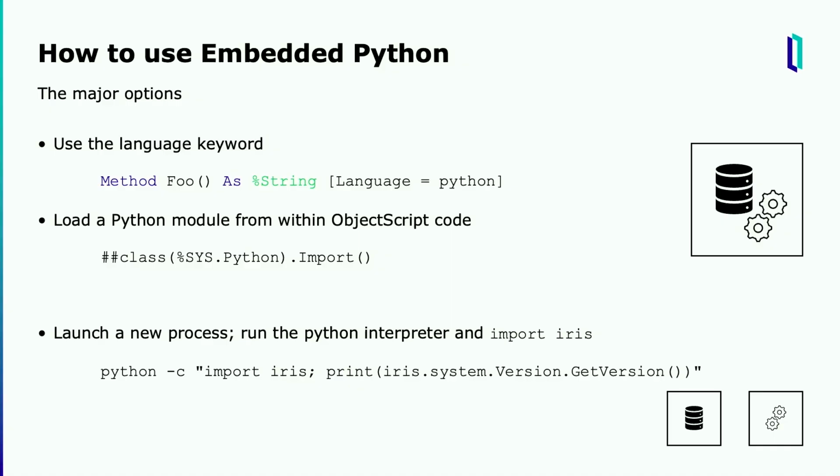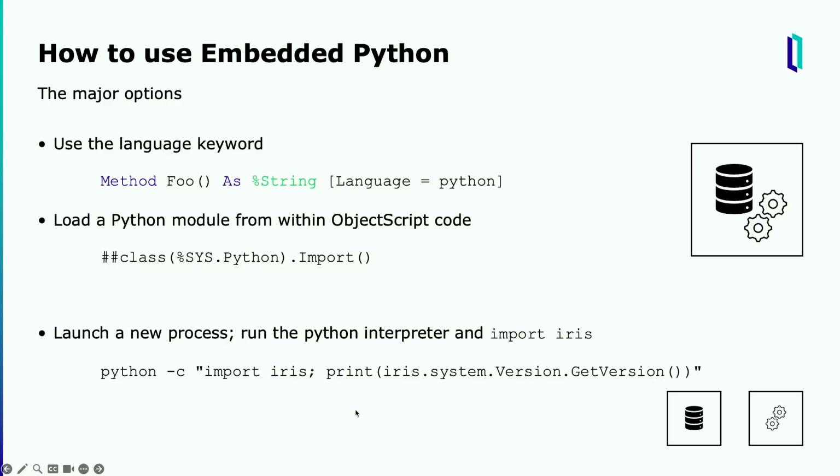The other option is that you can use the %sys.python class using the import method to import a module that you've installed, a Python module, and interact with this module as or through the ObjectScript API. This is really useful if you're an ObjectScript developer and you want to quickly get a handle of a Python library. That can be really useful.